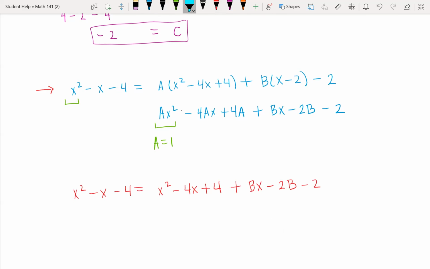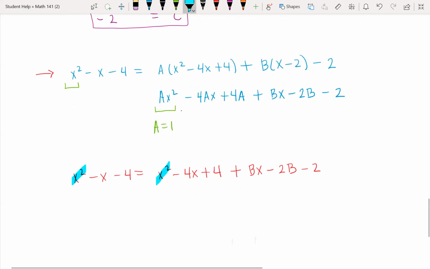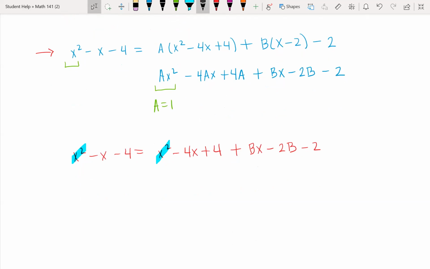I'm going to get rid of these two because we don't need them anymore. And then I have negative x minus 4 equals negative 4x. Wait a minute. That should be 4ax. Oh no, that's right. Negative 4x plus bx. Those are anything with x's, and then I've got over here plus 4 minus 2b minus 2.